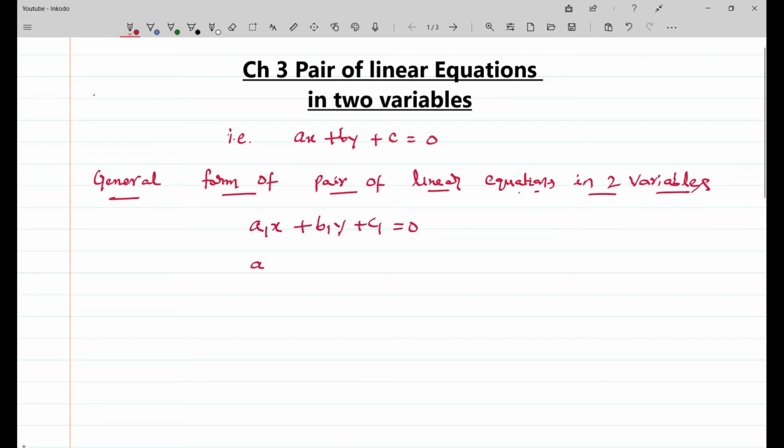Another equation is a2x plus b2y plus c2 is equal to 0, where a1, b1, c1, a2, b2, c2 are real numbers.